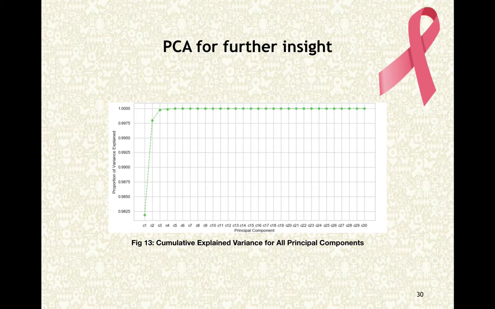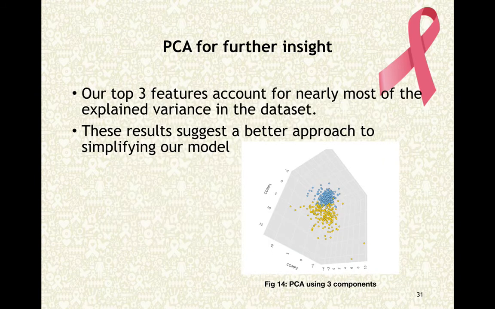I also tried exploring with PCA after the normalization of data. Above, you can see the cumulative explained variance for all principal components. According to the plot, our top three components account for nearly most of the explained variance in the dataset. These results suggest a better approach to simplifying our model.